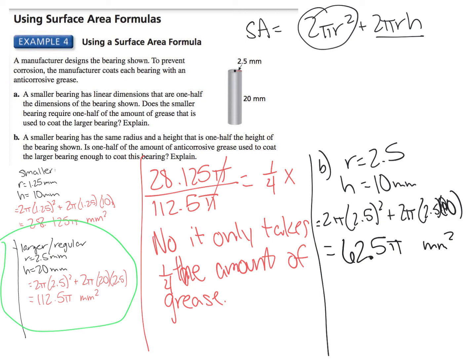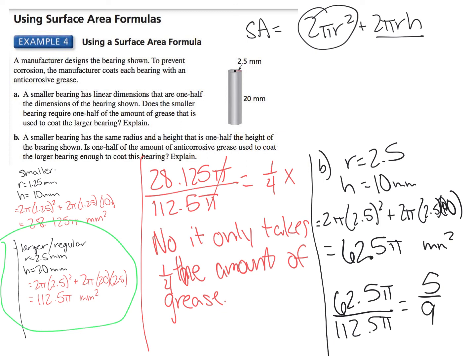Now we want to see how much smaller this new bearing is. That's half the height, to see if it's half the surface area. So we're going to do 62.5 over 112.5, and both of those have pi's. The pi's will cancel out, and you'll get a decimal, but it's approximately 5/9.